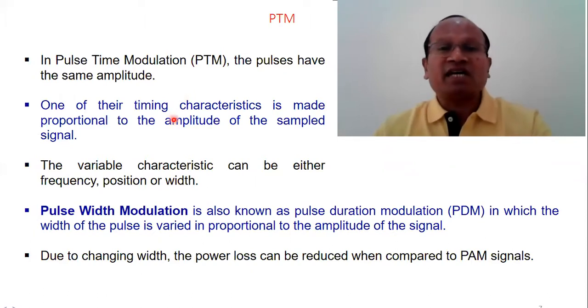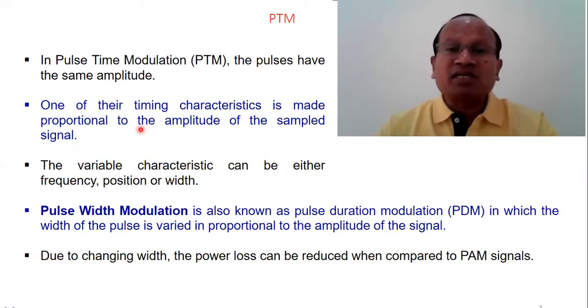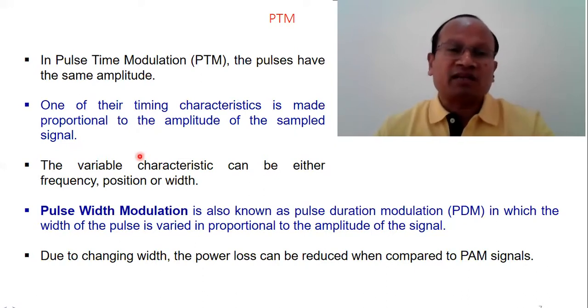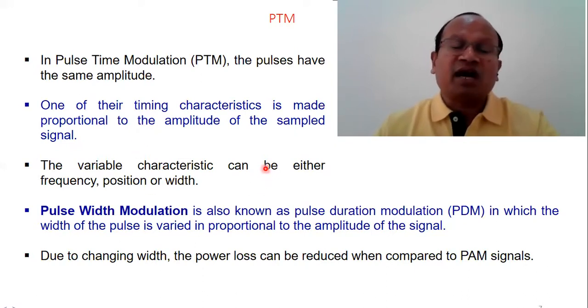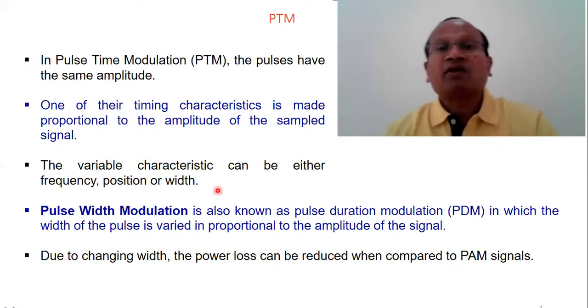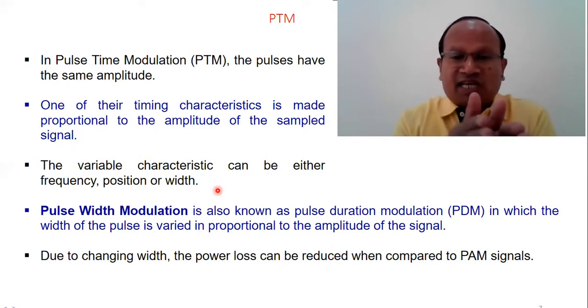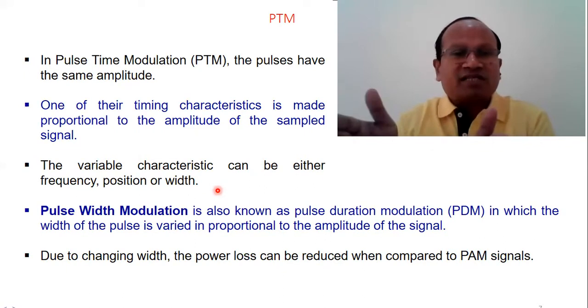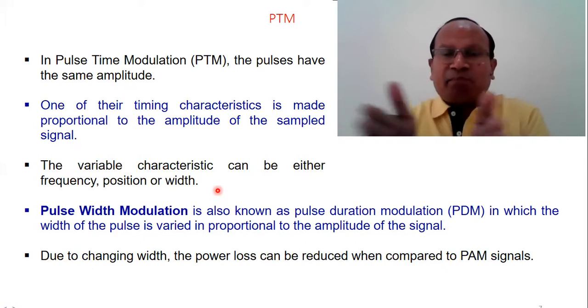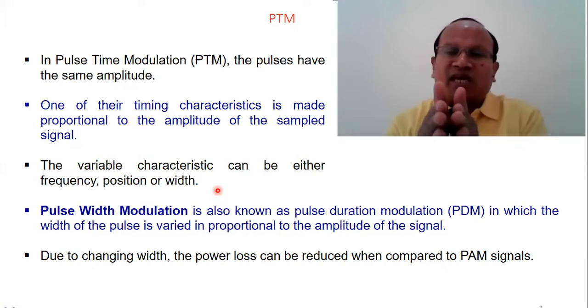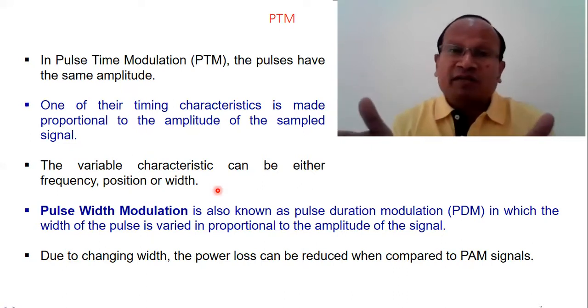One of the timing characteristics is made proportional to the amplitude of the sampled signal. The variable characteristic can be either frequency, position, or width. Means when time changes, the position of the pulse can change, the width of pulses can change. Some pulses may have narrow width, other pulses may have wider, broader width.